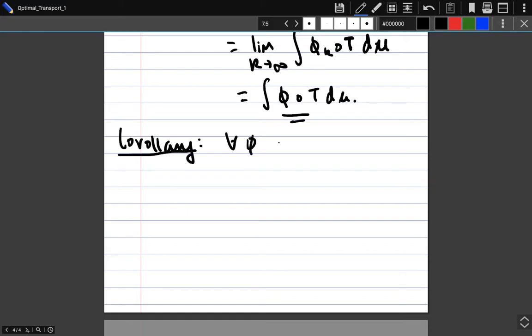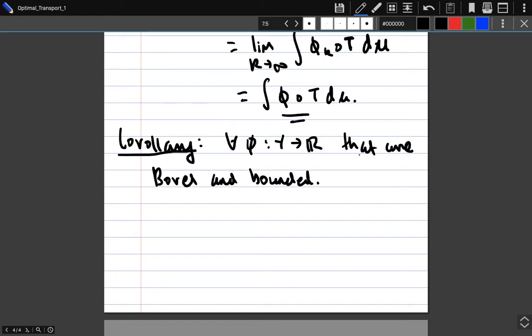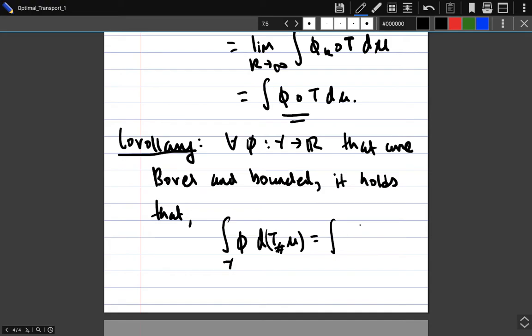What we can say is that for all functions phi going from Y to R that are Borel and bounded, it holds that when you're integrating phi with respect to the push forward measure, this is nothing but just composing phi with T and then integrating on the space X, phi composed with T, with respect to the measure mu.